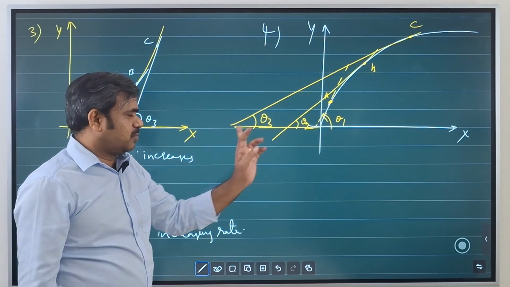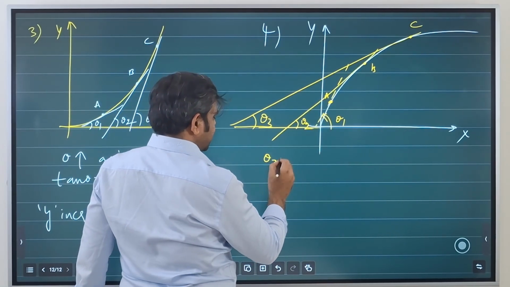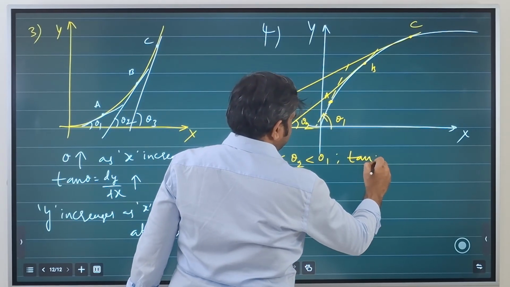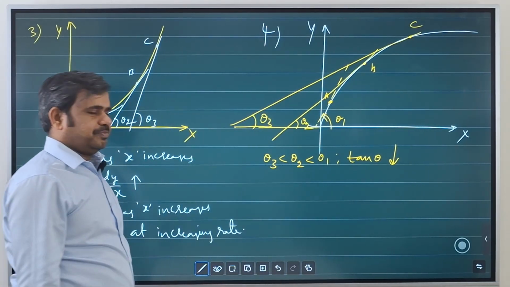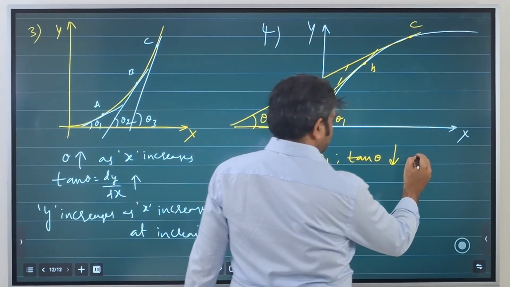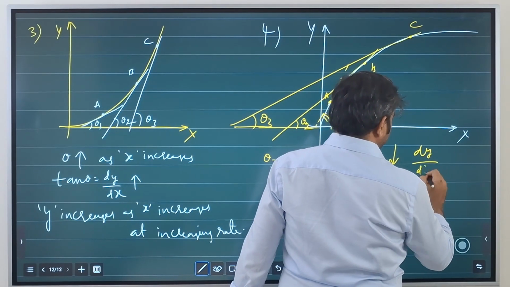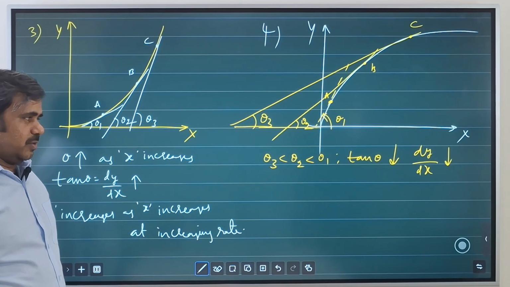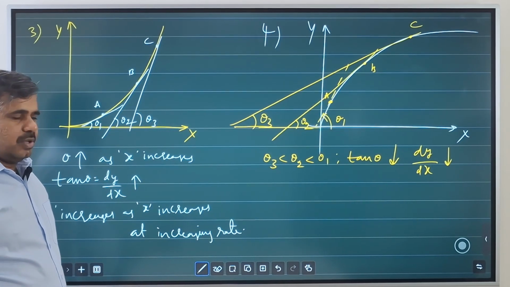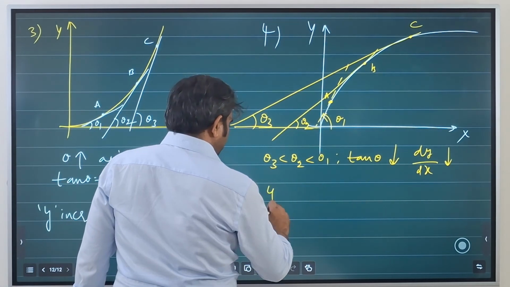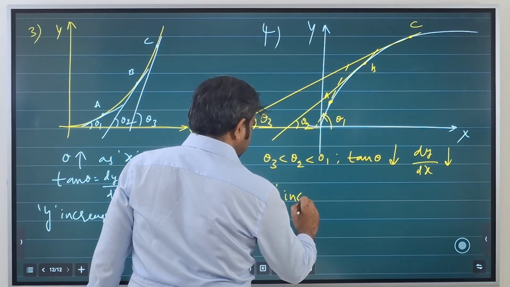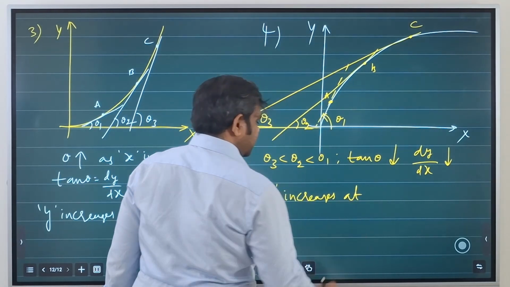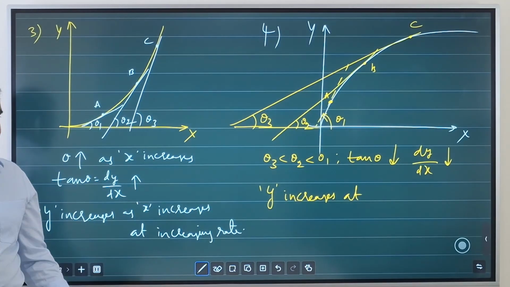So what is happening to these angles? Angles are decreasing. It means tan theta decreases. It means the slope or the rate of change in y with respect to x decreases at greater values of x. Here we can say that y increases at decreasing rate.